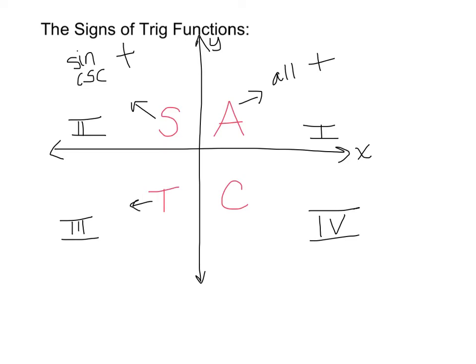In this quadrant, tangent and cotangent are positive. And in this quadrant, only cosine and secant are positive. Because it's better to remember what's positive than trying to remember everything that's negative.